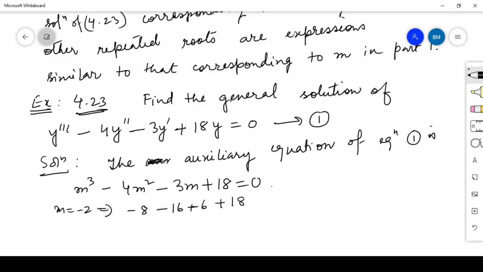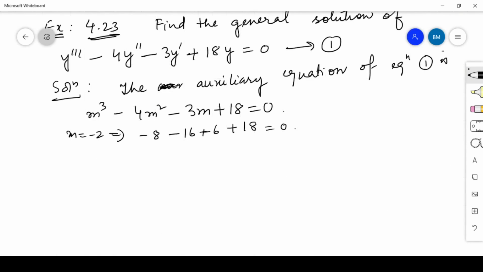So how much do you get? 18 plus 6, it is 24. Then it is like 18 minus 6, so it is equal to 0. So we have seen that m equal to minus 2 is a root of the auxiliary equation 2. So let us factorize the left hand side.